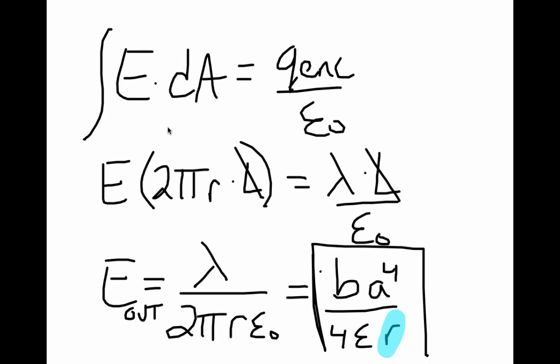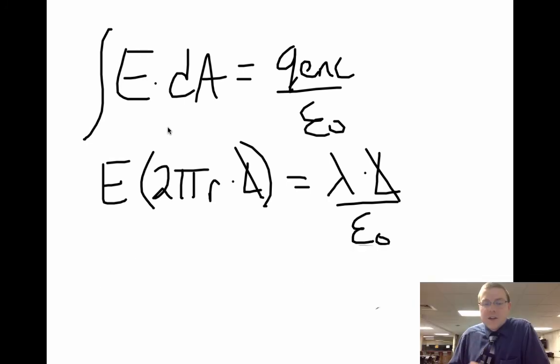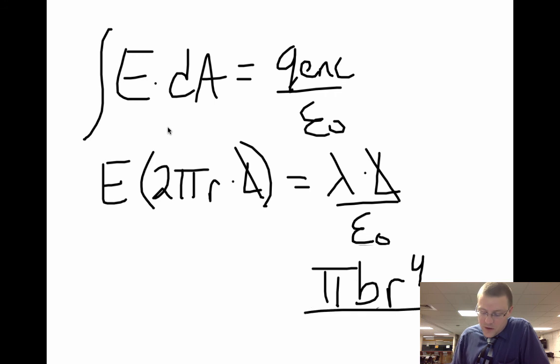But let's look at how the electric field is different on the inside. So the same thing applies when we have a Gaussian surface inside the cylinder. The 2 pi rL is the surface area of a cylinder, and lambda times length is the amount of charge we've enclosed. But the only difference is, instead of doing lambda as pi b a to the fourth, because a is the full radius, we're just going to do pi b r to the fourth over 2.